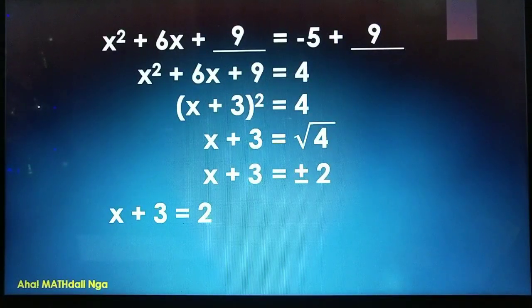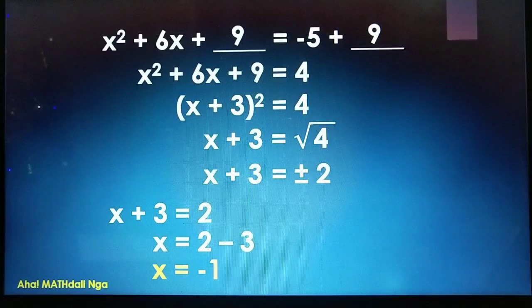So we have to add negative 3 to both sides of the equation so that positive 3 will be transferred to the right side of the equation. So x is equal to 2 minus 3. Then we have x is equal to negative 1. So this will be the first value of our x.